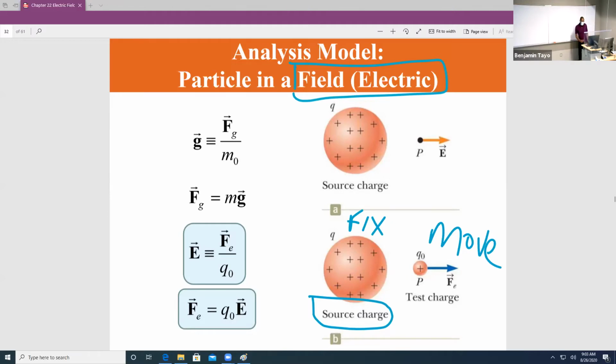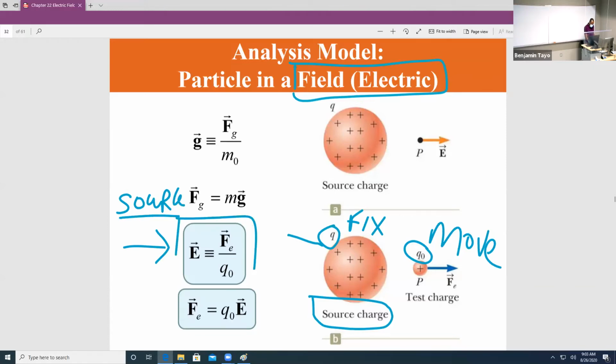So again, notice that the source charge is Q, the test charge is Q naught. The way we define the electric field, remember that this electric field is produced by the source. So the electric field produced by the source is given by this equation.